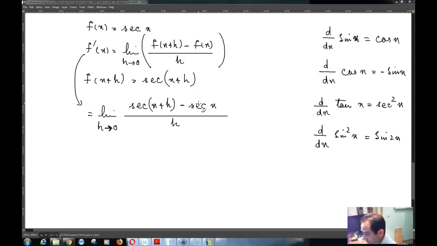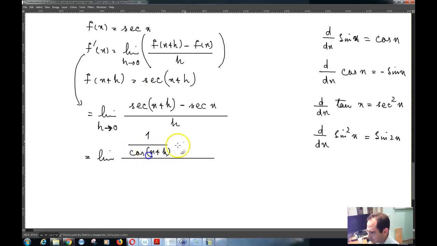I can write this as the limit of, well, you know that secant x is 1 over cos x. So that's 1 over cos of x plus h minus 1 over cos x, over h as h tends to 0.